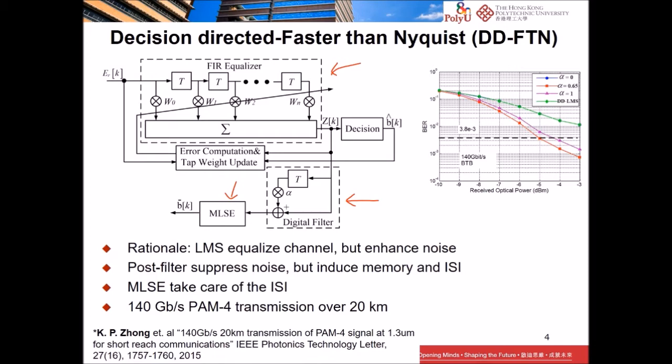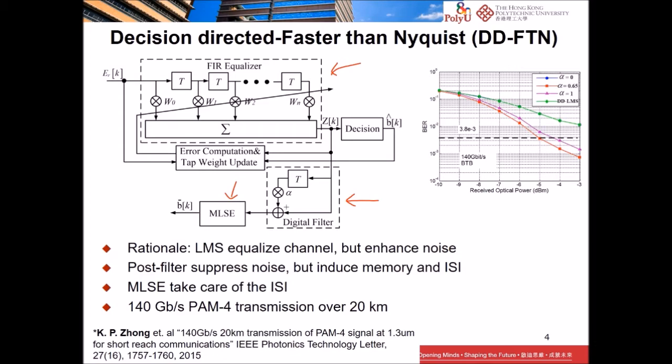Now, when it comes to using adaptive signal processing, the LMS doesn't really care about the noise enhancement. It just tries to find filter weights that match the output to the original bit sequence as much as possible.